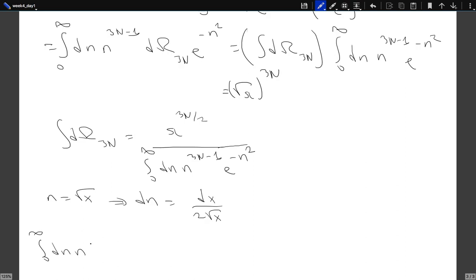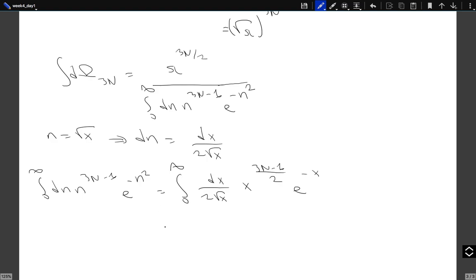So the integral from 0 to infinity dn n to the power 3n minus 1 e to the power minus n squared becomes the integral from 0 to infinity dx over 2 square root of x, x to the power 3n minus 1 over 2, e to the power minus x, which is 1 over 2 gamma 3n over 2.